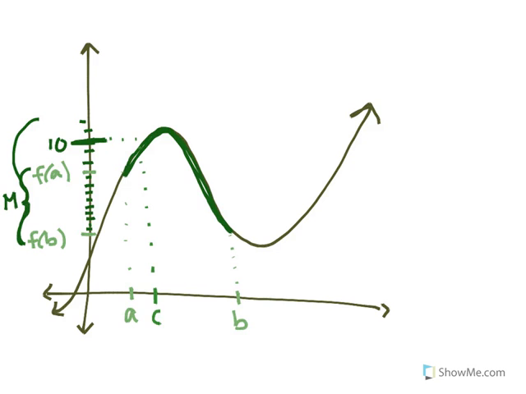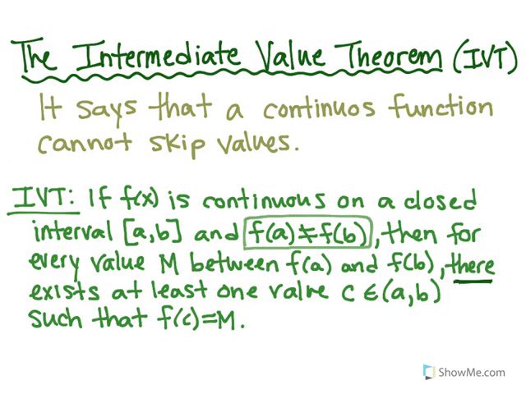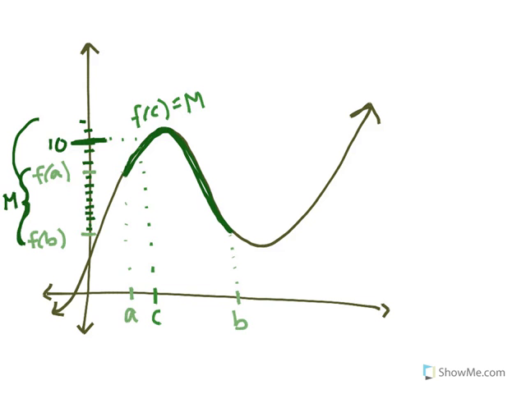So this is my f of c, and it's equal to the m that I picked, which is 10. That's all it says. And this goes back to the very basic part: a continuous function cannot skip values. If I can use this information, then it proves mathematically that there is no room for error, that every single m is going to get used. So that's wonderful. We now have our Intermediate Value Theorem all panned out.